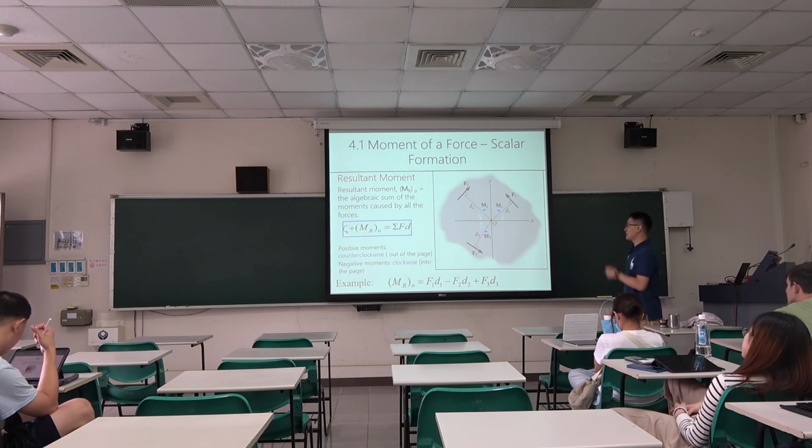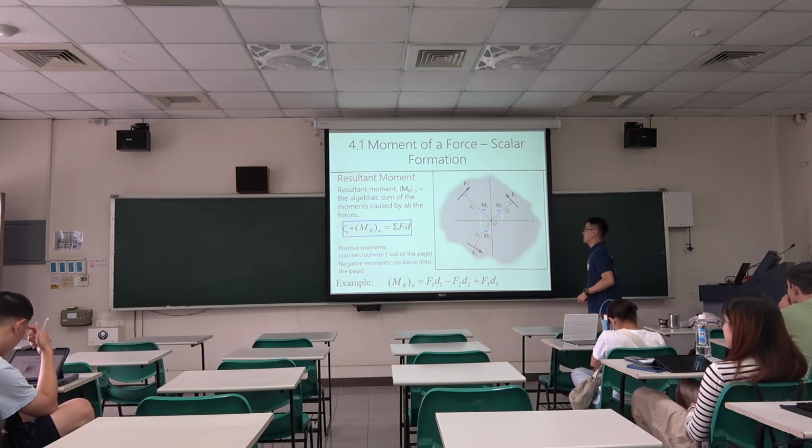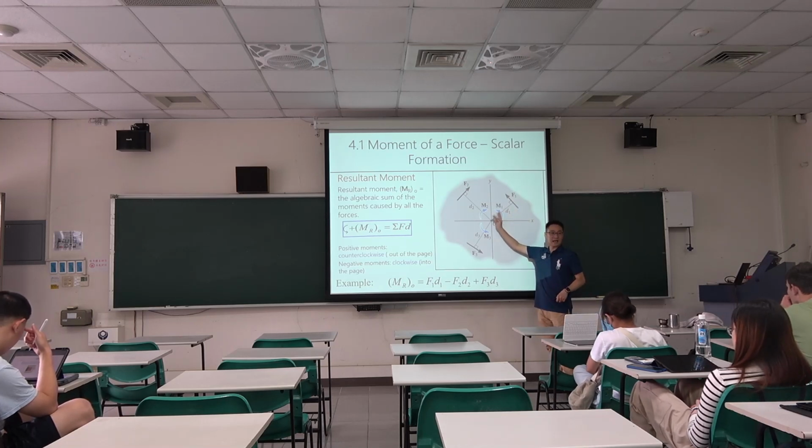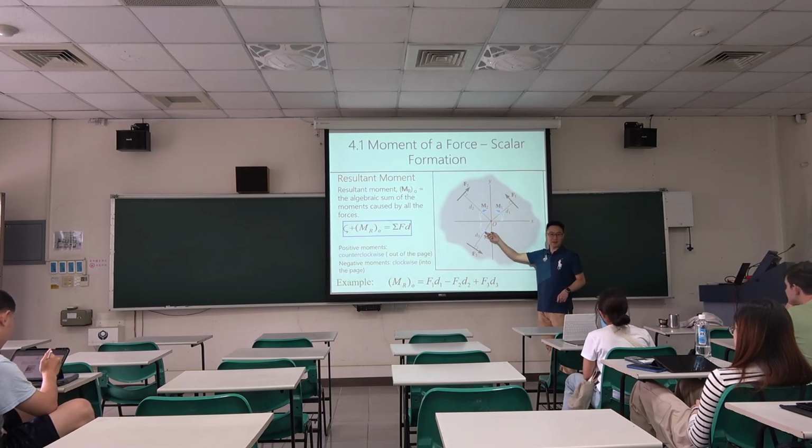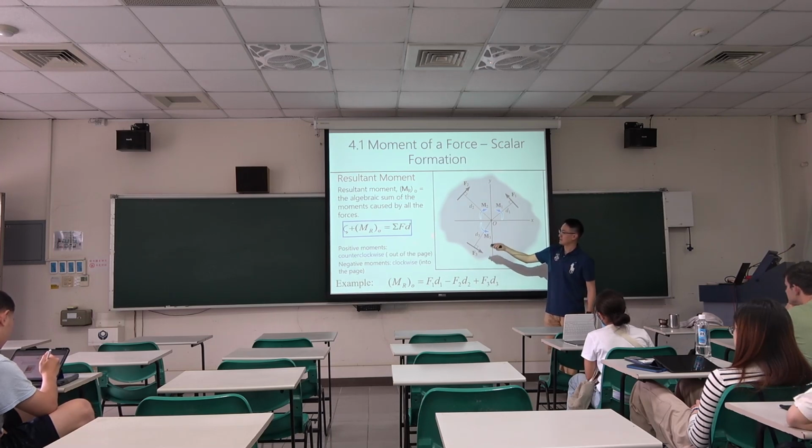Then resultant moment. Of course, practically we can have many different forces and many different lever arms. So we can use the summation of the moments to work out the resultant moment.